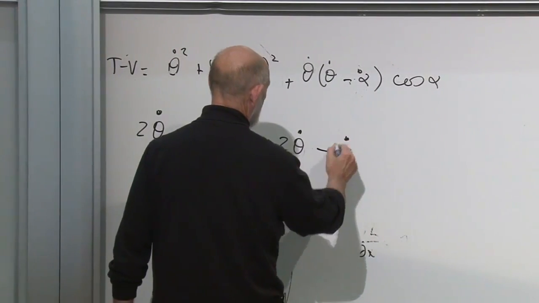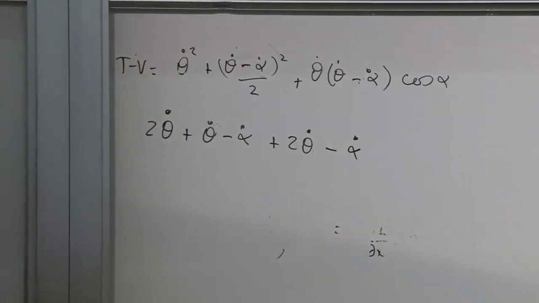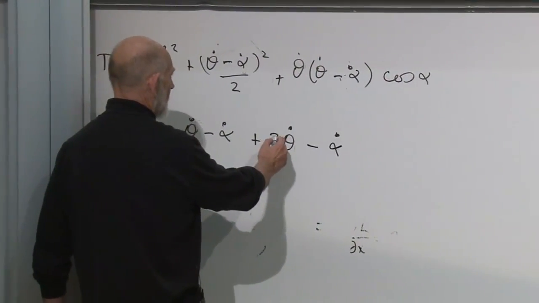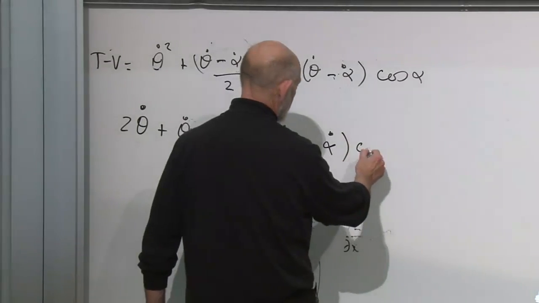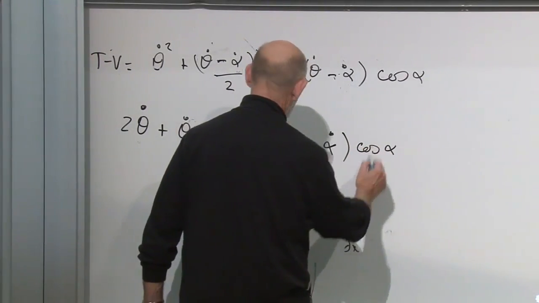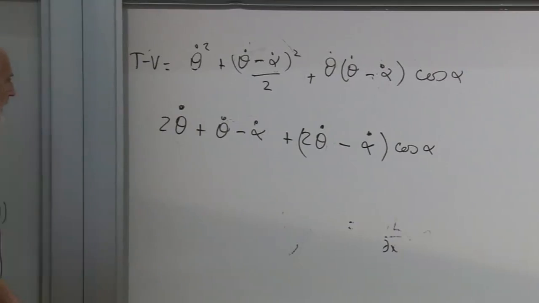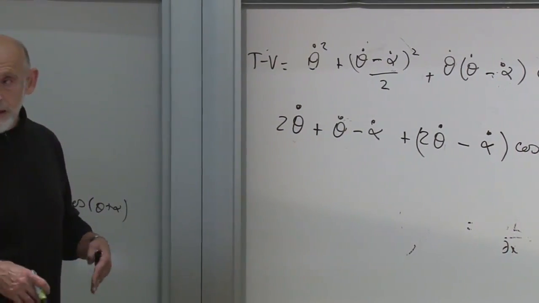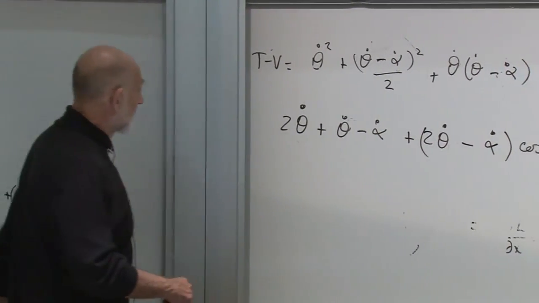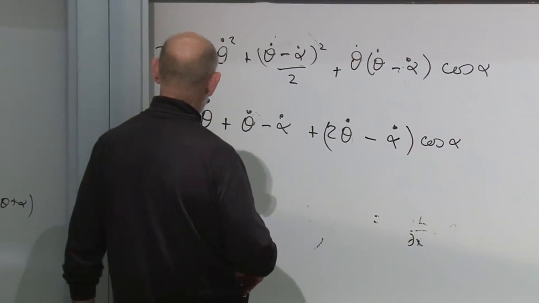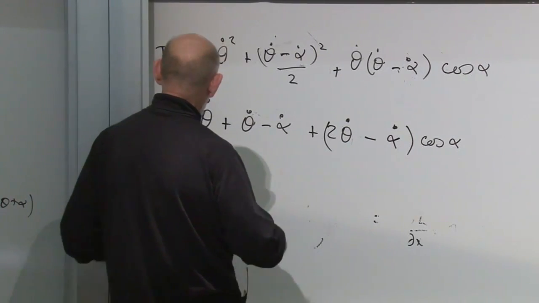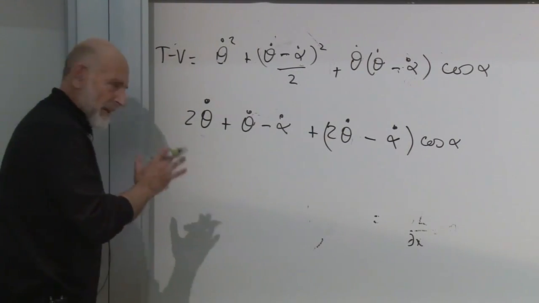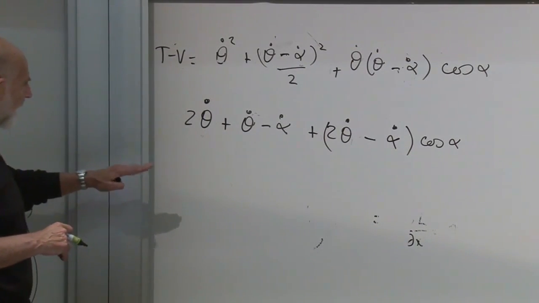Does that look right? This times cosine alpha, right? And what does that equal? That equals dL by d theta, which is 0. No, what is this? This is p sub theta, dL by d theta dot.